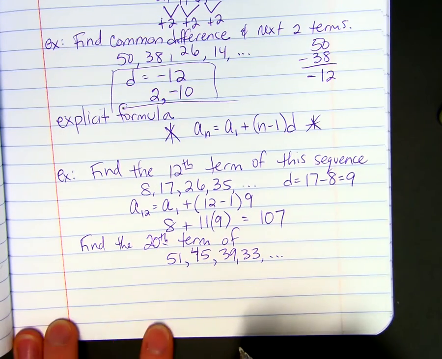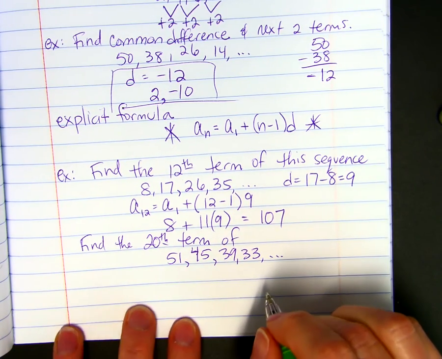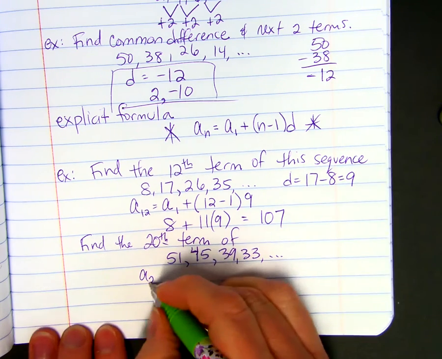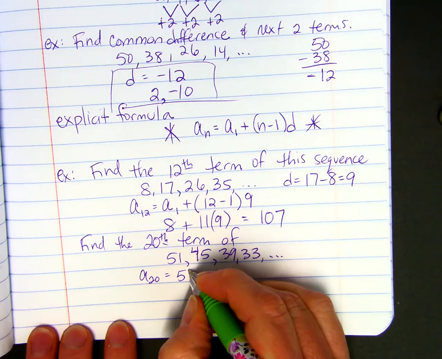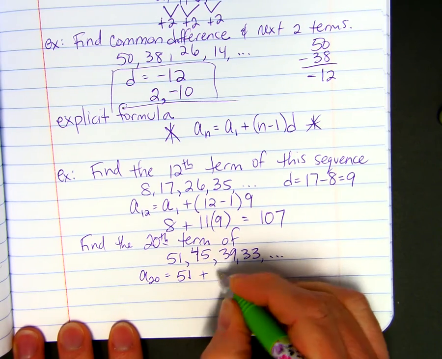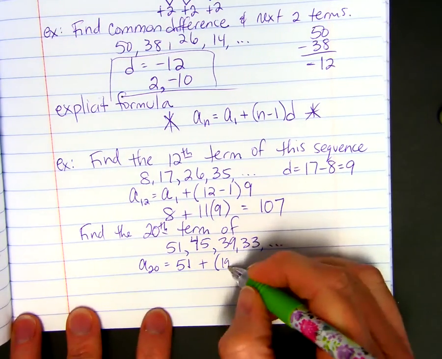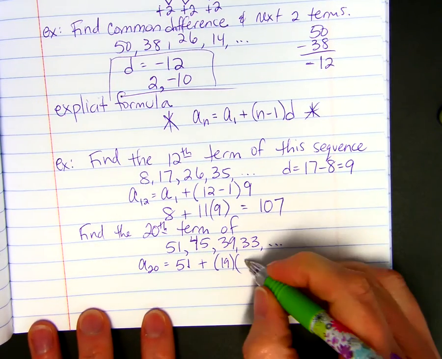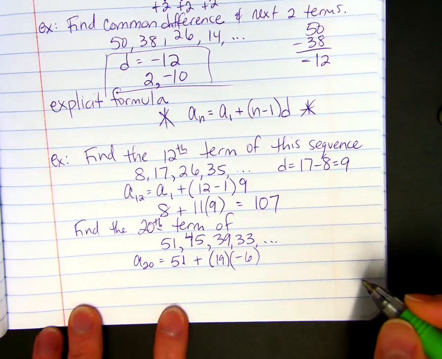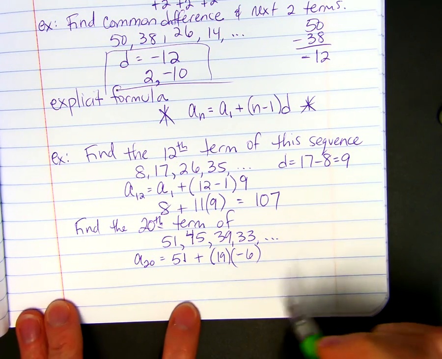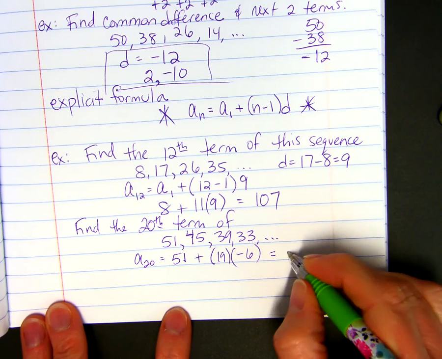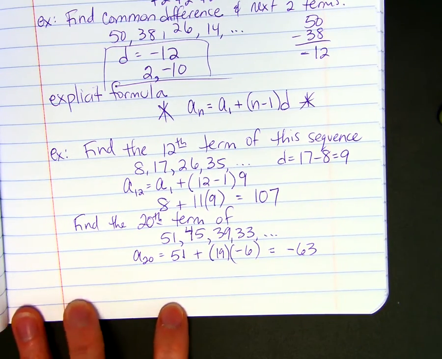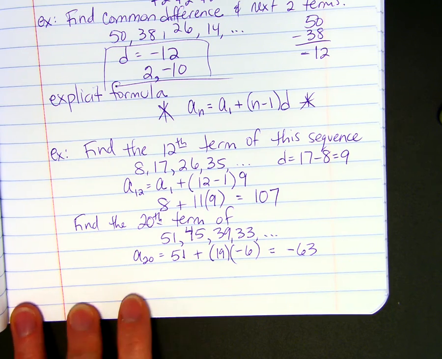So a sub 20 equals term 1, 51, plus 20 minus 1, or 19, times the common difference, which is negative 6. So 19 times negative 6 plus 51 gives us negative 63. So the 20th term of that sequence would be negative 63.